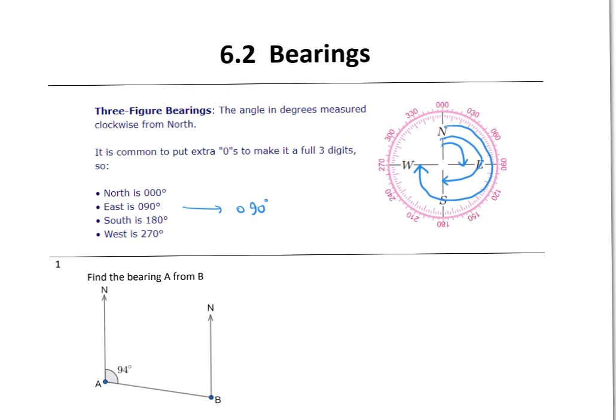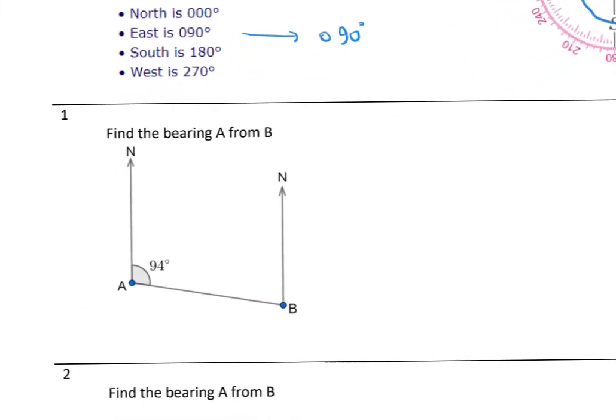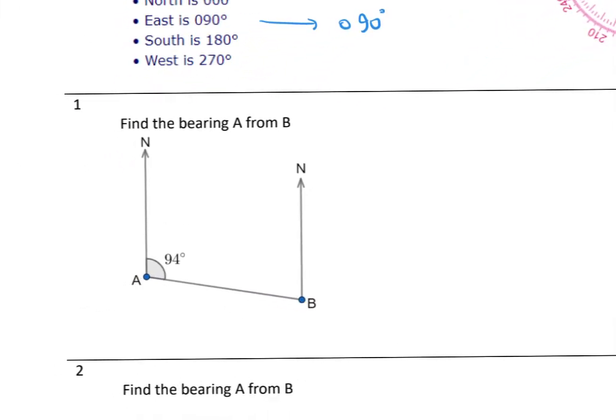Now how to find the bearing from A to B or B to A? For example, we have two points A and B. This is the north at A and this is the north at B. Of course, they are parallel. How to find bearing B from A?